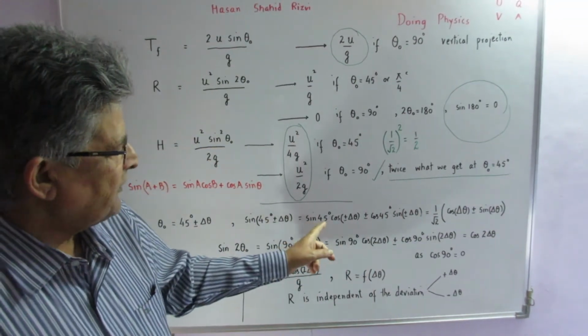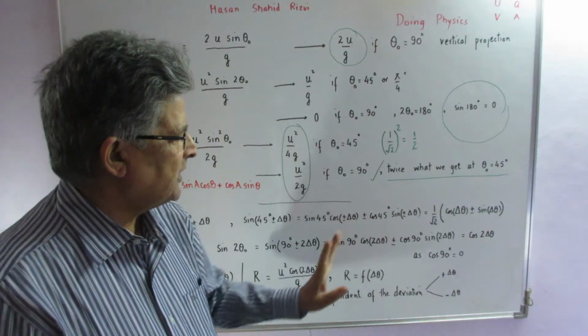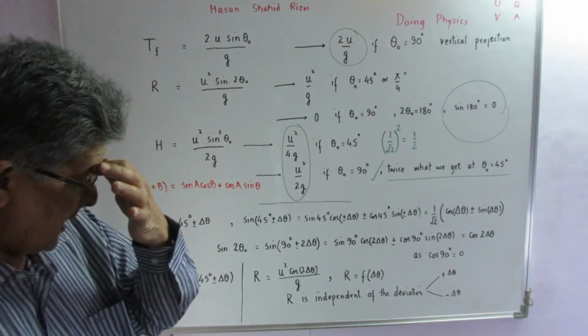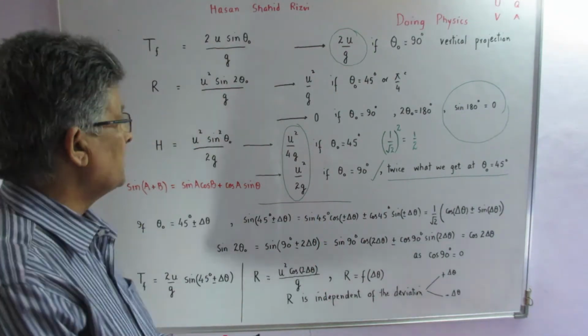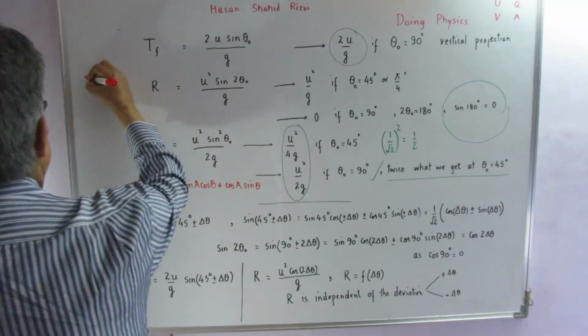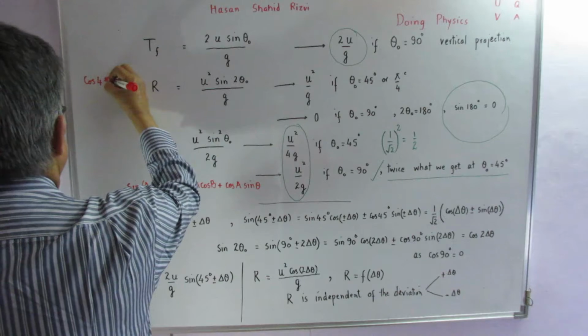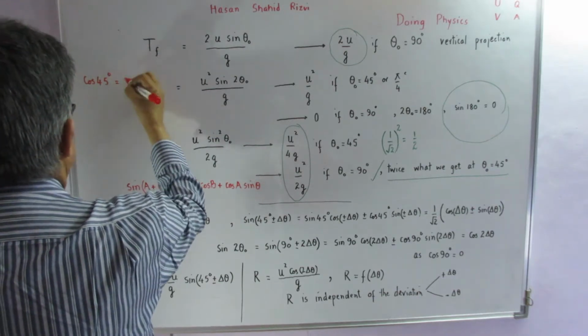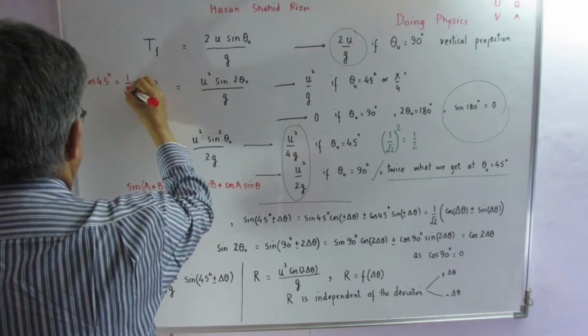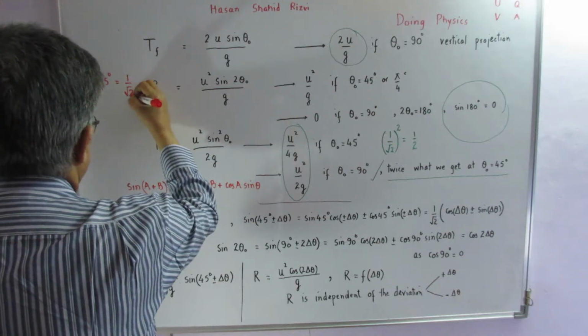Now sine of 45 degrees and cos of 45 degrees both have the same value, which is equal to 1 by root 2. So cos of 45 degrees or pi by 4 radians is also equal to 1 by root 2, which I did show to you.